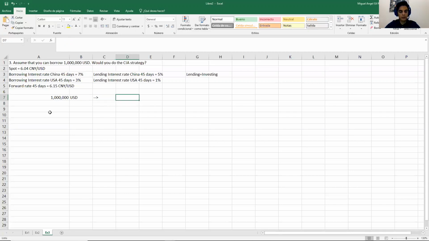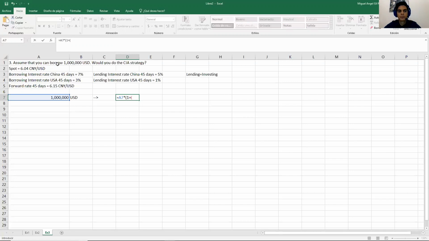Well, I will have to use the future value formula as we have been doing. But now I will have to use the borrowing rate of the US because I am borrowing money in the US. It is key that you check that it says borrow, right? On the other examples, it says assume that you have, so you already have the money. But in here it's different.